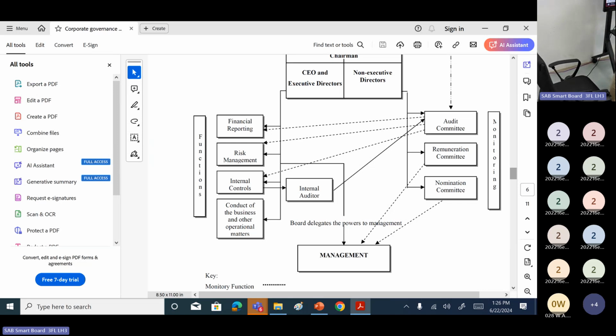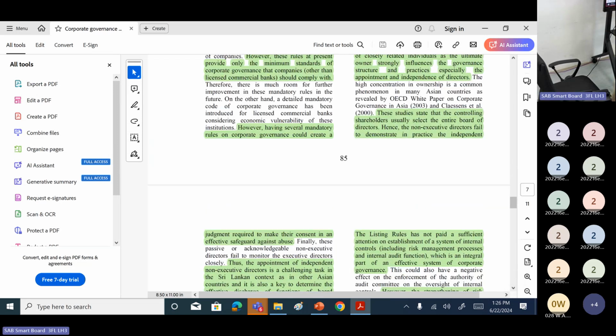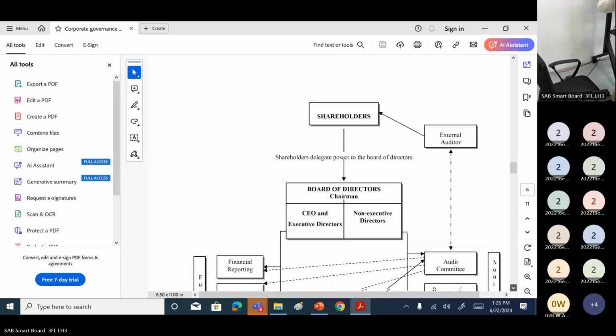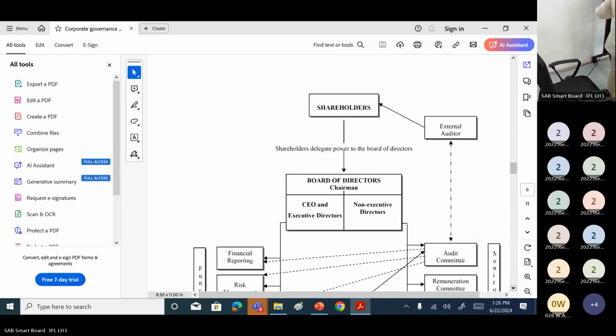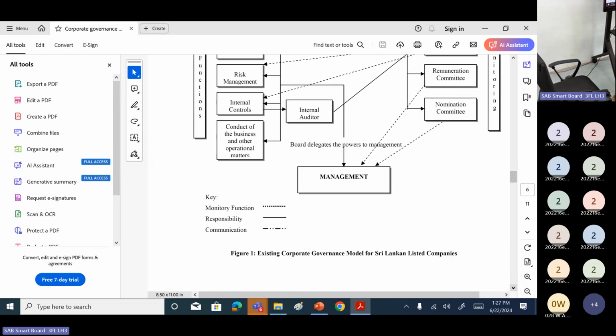Responsible means that they will always, because if you look at what these lines mean, always monitoring.